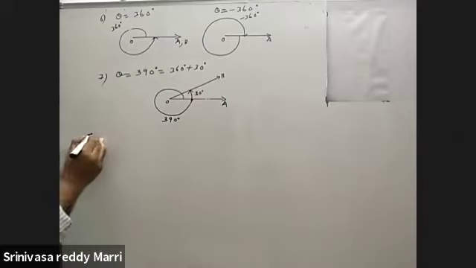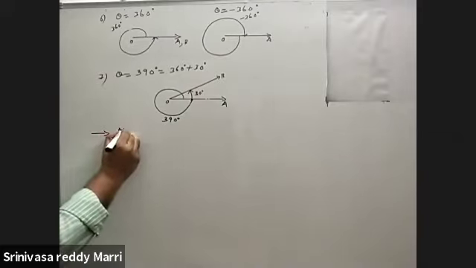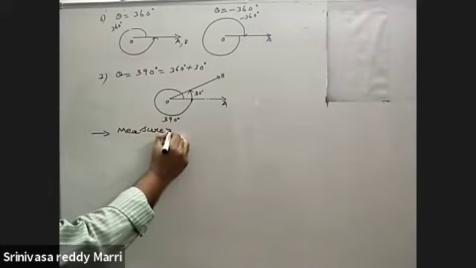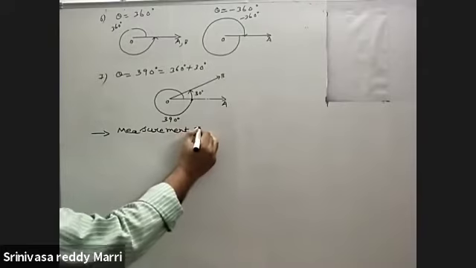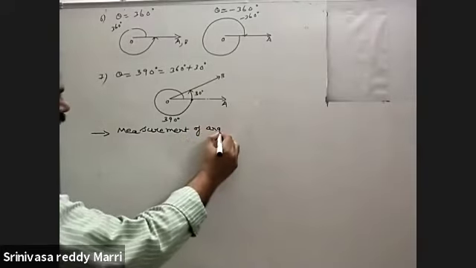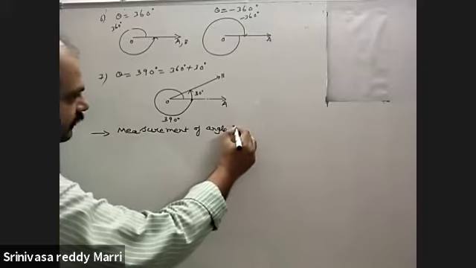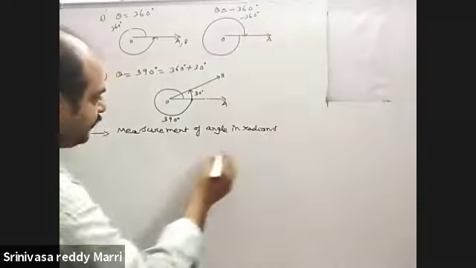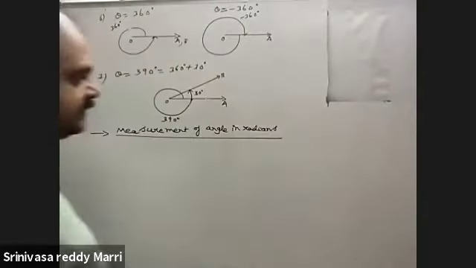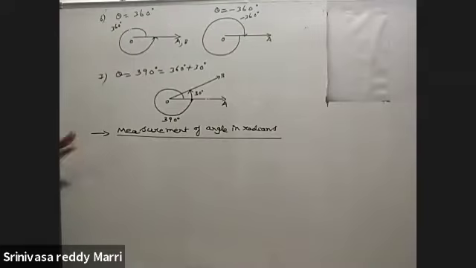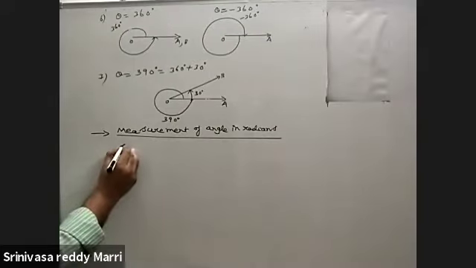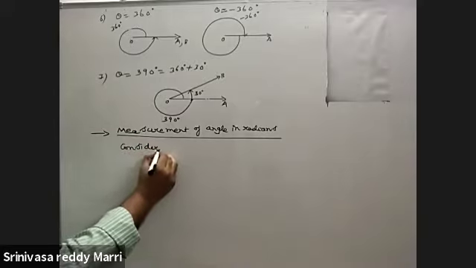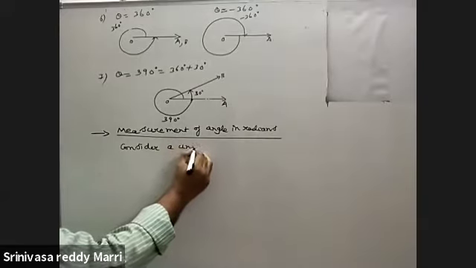Next unit is measurement of angle in radians. For this, consider a unit circle.